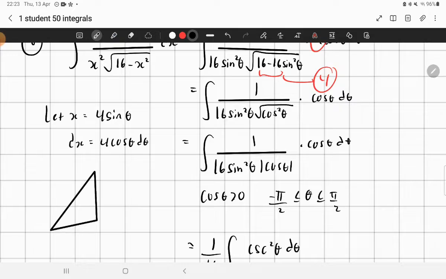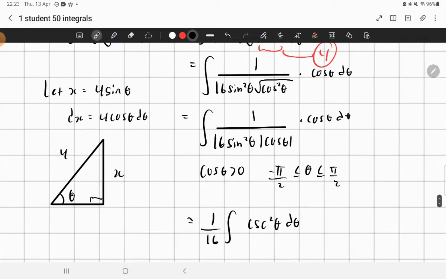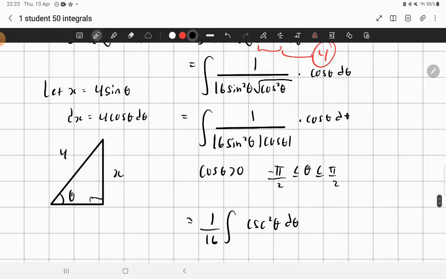So let me make one real quick here. The angle theta: we know that the opposite divided by the hypotenuse will be x over 4. So our adjacent would be the square root of 16 minus x squared.